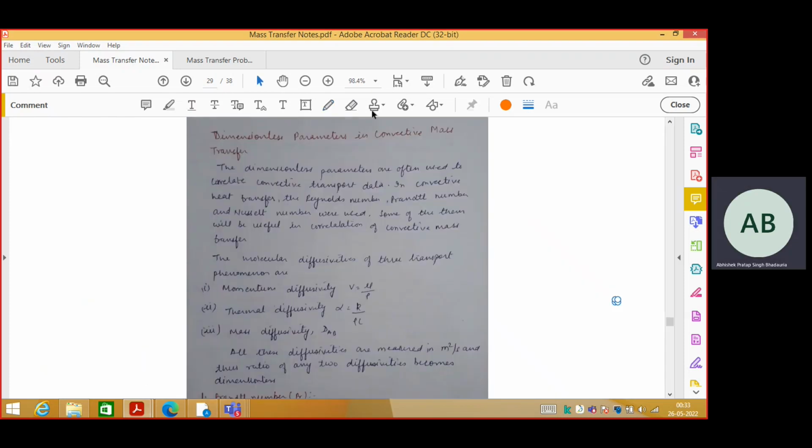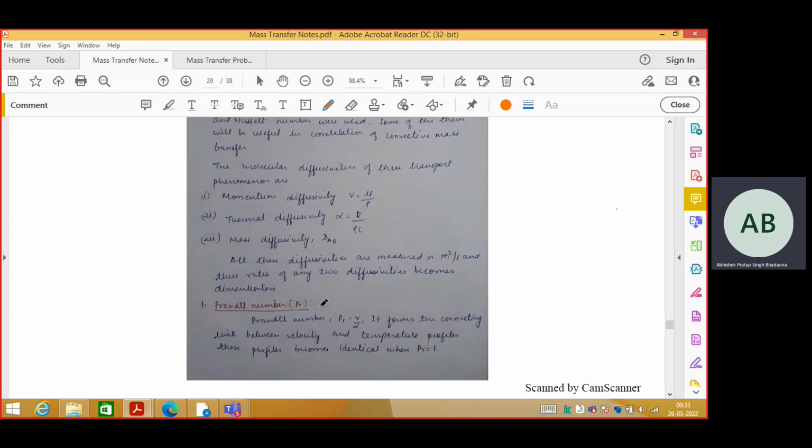Now you can see here, the first one is the Prandtl number. The Prandtl number is the ratio of the kinematic viscosity to the thermal diffusivity. Basically, it forms the connecting link between the velocity and the temperature profiles, that is, the hydrodynamic boundary layer thickness and the thermal boundary layer thickness.